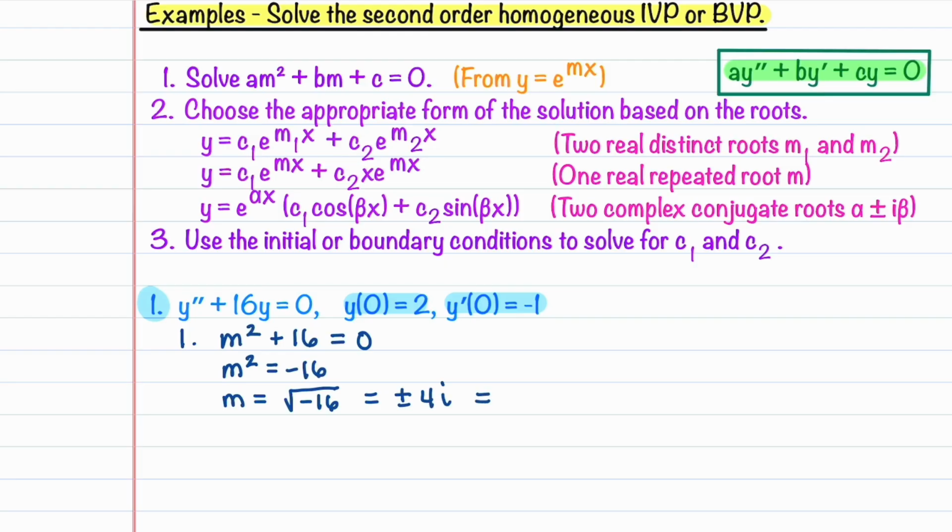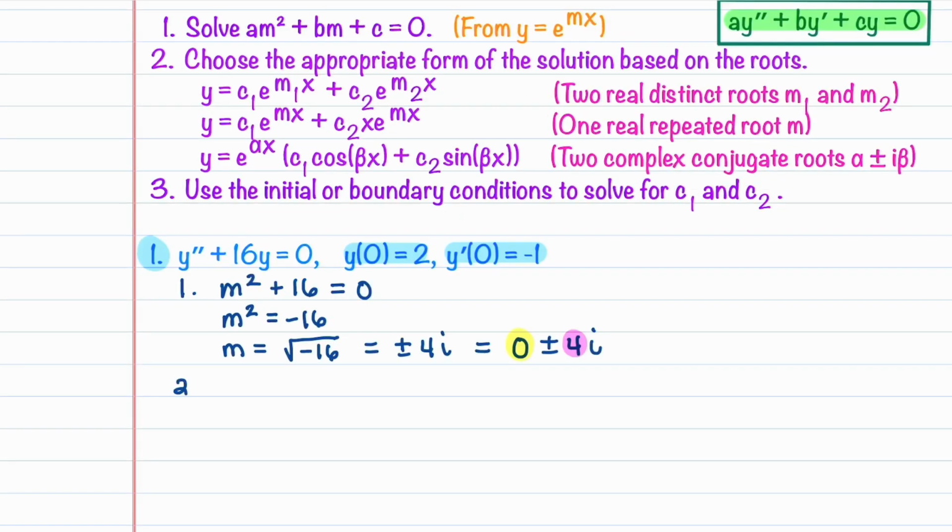I think it's helpful if we think of this as 0 plus or minus 4i, so that we can remind ourselves that 0 is the real part and 4 is the imaginary part. In step 2, we are going to choose the appropriate form of our solution.